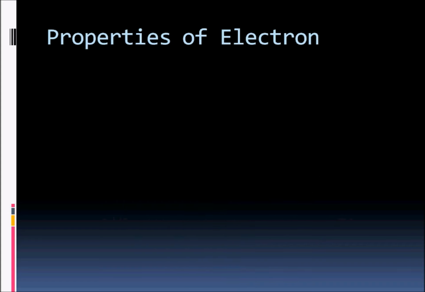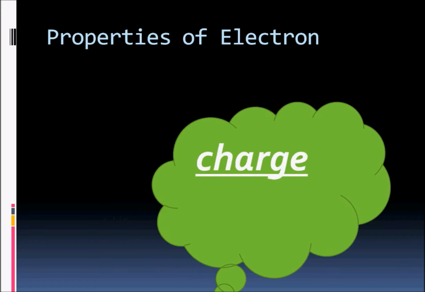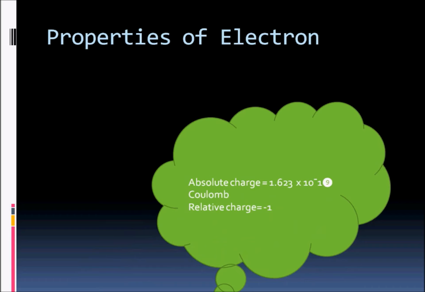The second property is the charge. As we know, the electron is negatively charged. So the charge on the electron is 1.6 into 10 to the power minus 19 coulombs. We can also say that the relative charge of an electron is minus 1. So the conclusion is that the absolute charge of an electron is 1.6 into 10 to the power minus 19 coulombs of negative charge.